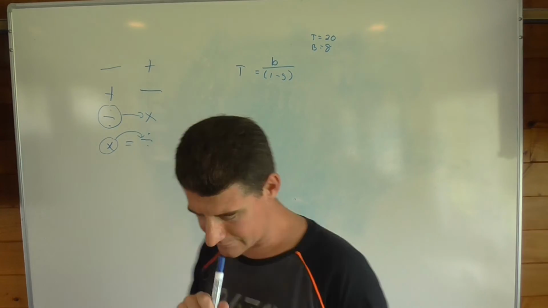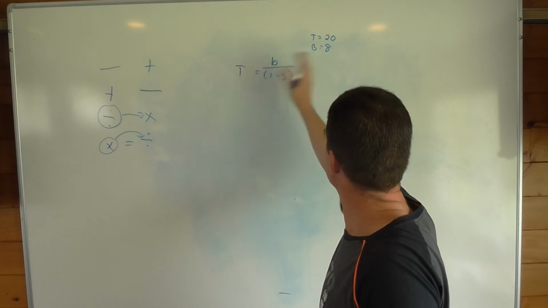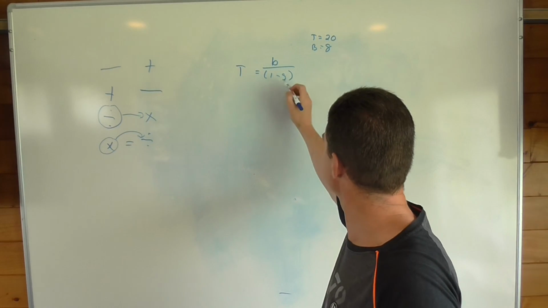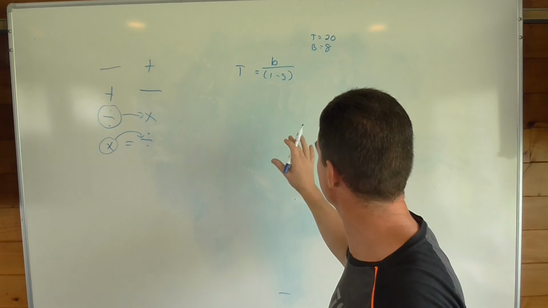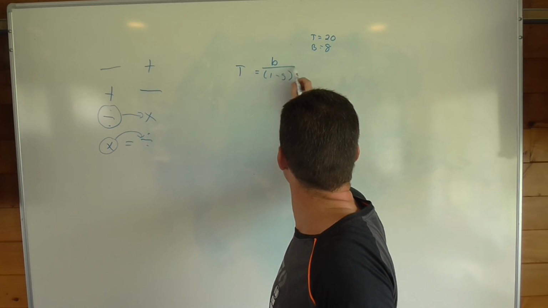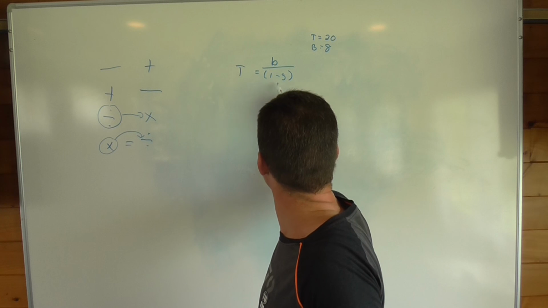Okay. So first of all, I'm gonna do it the long way and just change the subject to S. All right. So first of all, we need to get the S alone on one side.